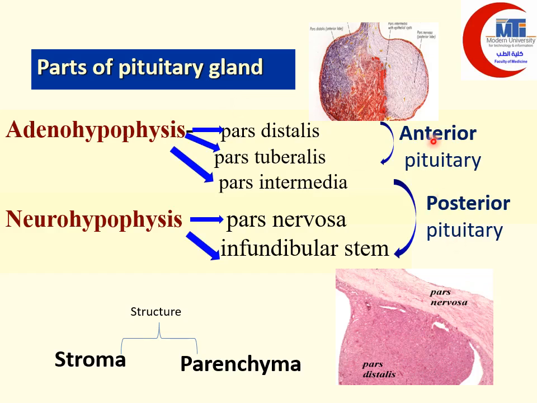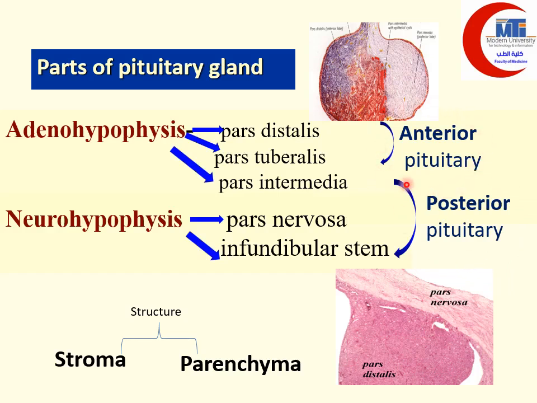There is another division of the parts of the pituitary gland, not adenohypophysis or neurohypophysis. We can divide parts of pituitary gland into anterior pituitary and posterior pituitary according to presence anterior to the Rathke pouch or posterior to the Rathke pouch.